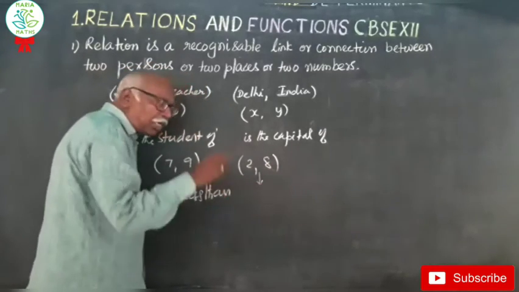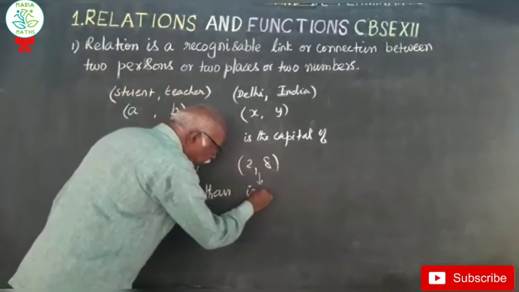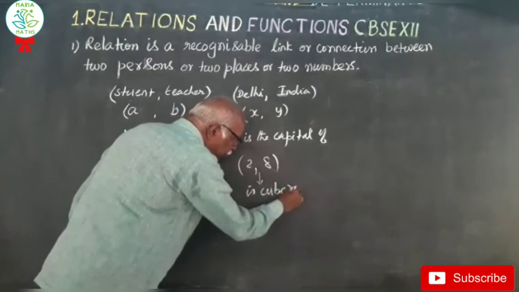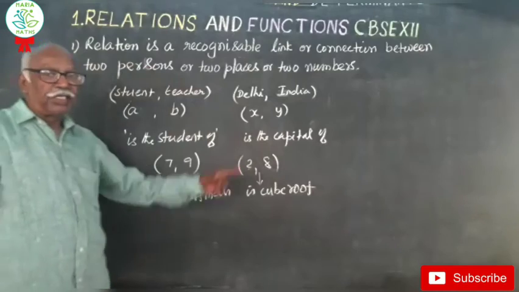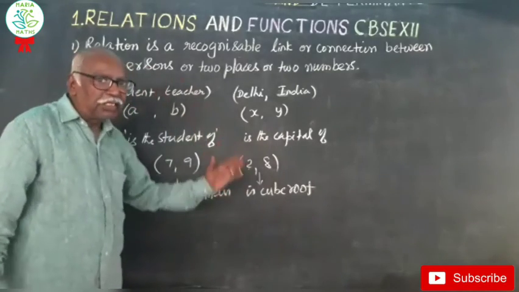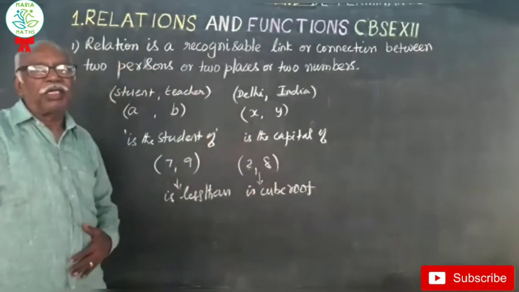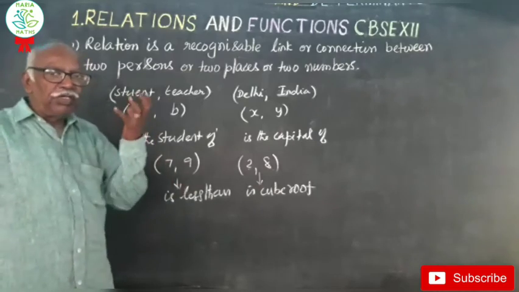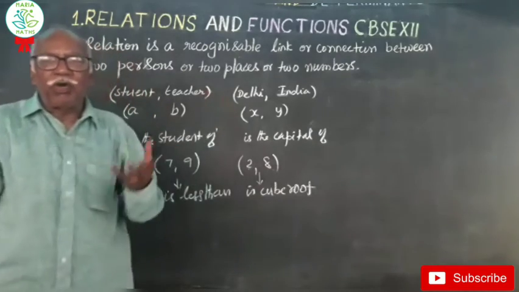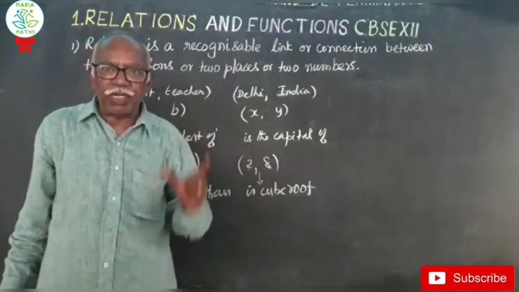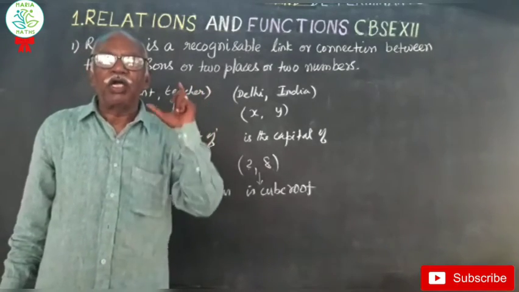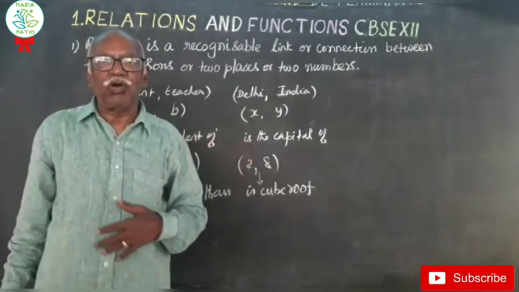The recognizable link is cube root: 2 is the cube root of 8. So all these recognizable links are called relations. To form a relation, we require two persons or two places or two numbers or two quantities.